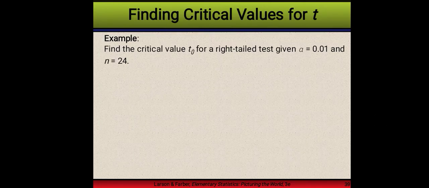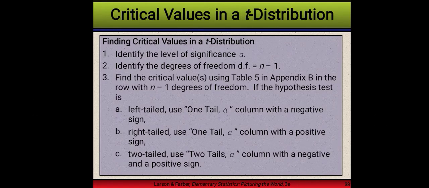For the information of everybody, for left-tailed, use the one tail column with a negative sign, and for right-tailed, always remember that it is on the positive side. And for two-tailed, it is on both sides, negative and positive.